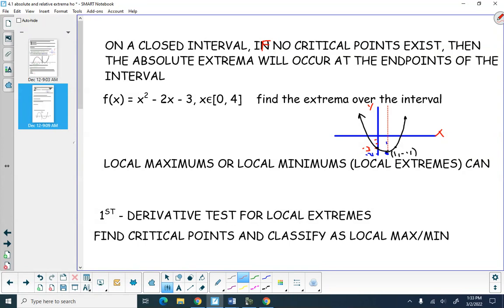We want to take the interval from 0 to 4. So we're going to take a look at the interval from 0 to 4.